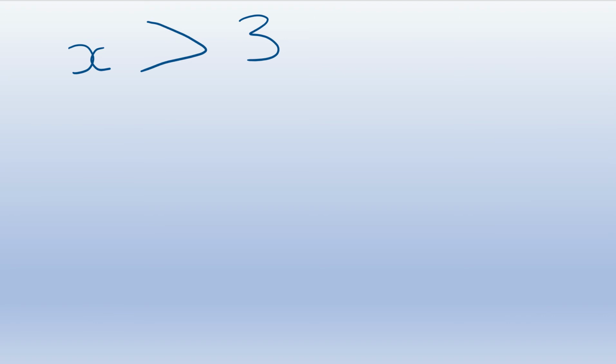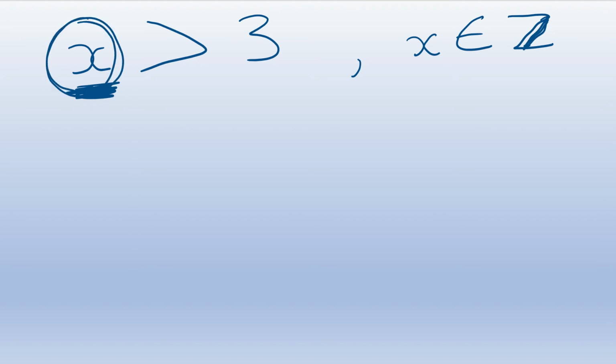And what that means is that this number here is any number that you can think of that is bigger than the number 3. However, you'll be given a small bit more information. You'd be given like that x is an element of, let's say, your integers, just for example. So now you can't just pick any number you want for x.